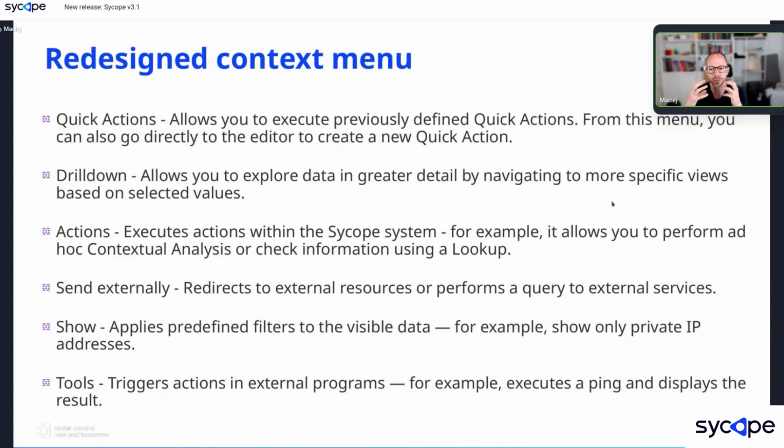All right. First, again, in theory, let's talk about the redesigned context menu. I will keep the part of the presentation where I'm showing you slides to the minimum, and we will move to the product itself in a second. I will show you everything in a live demonstration.